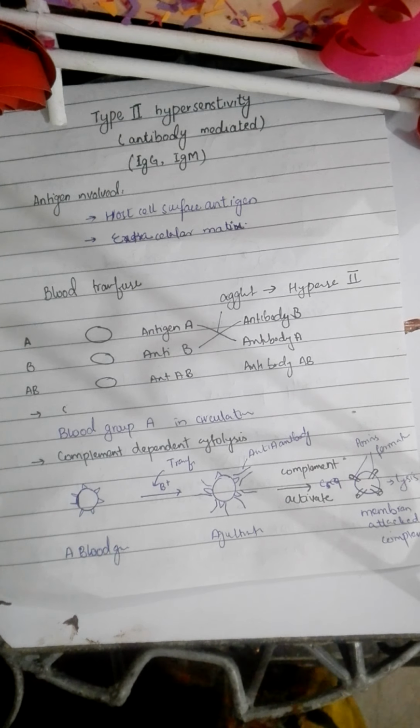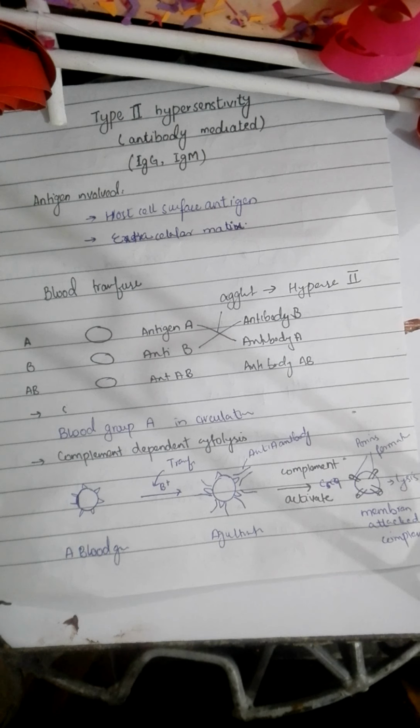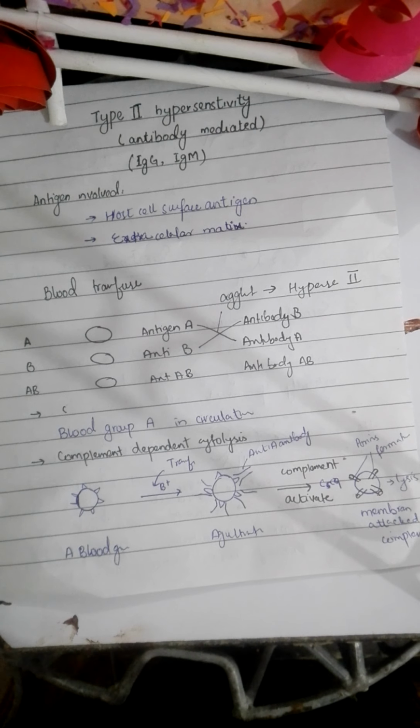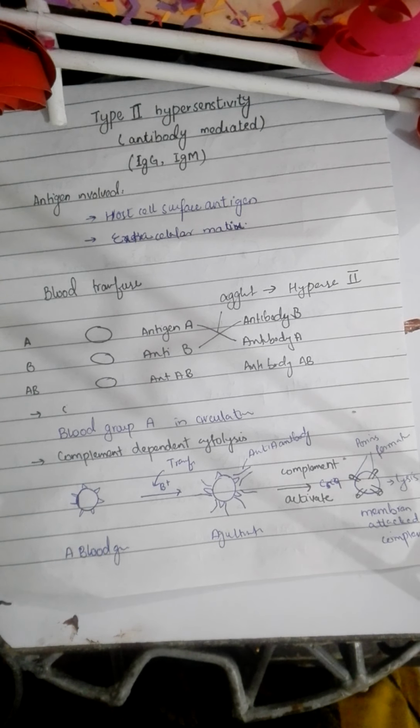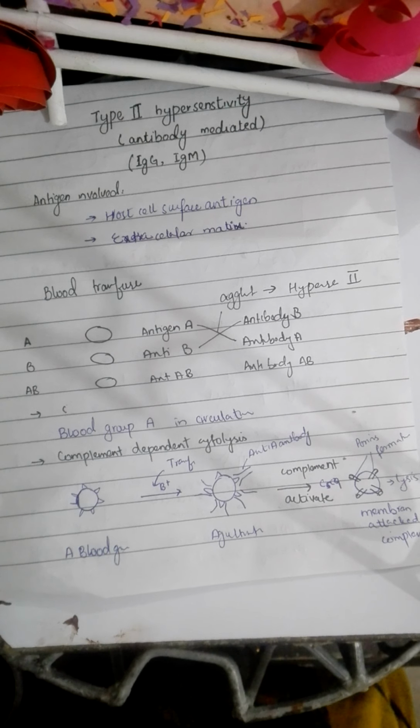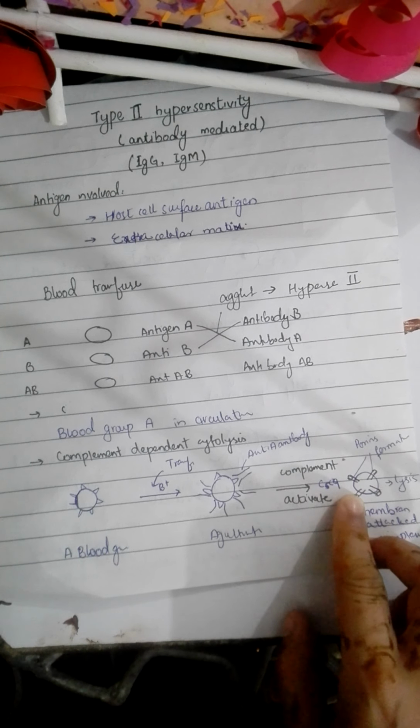Here the complement is activated. Which complement? Complement C5 and C3. These both are activated and this causes pore formation. What is pore formation? Pores form on the red blood cells and cause lysis.